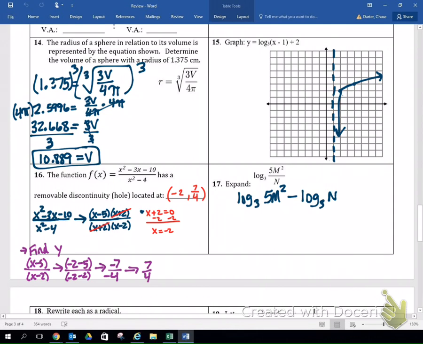Now we need to break up 5m squared, because that's two different things. I have a 5 and I have an m squared, so we can expand that first log more. So we have log base 3 of 5. When we have two inputs being multiplied, when we break those logs up, we add in the middle.